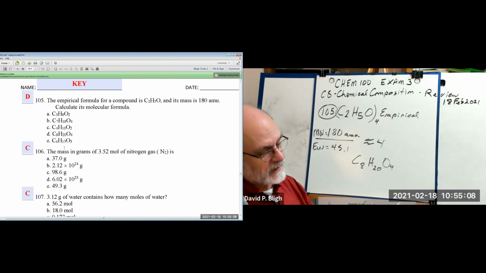There is one in here you may notice that got lines crossed through it. Number 42. I don't know how that problem snuck in here, but it refers to solution concentrations. I don't think we've talked about that yet, have we?